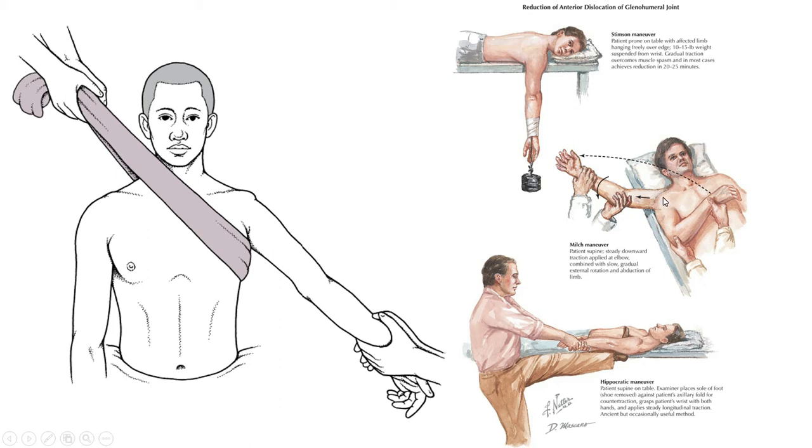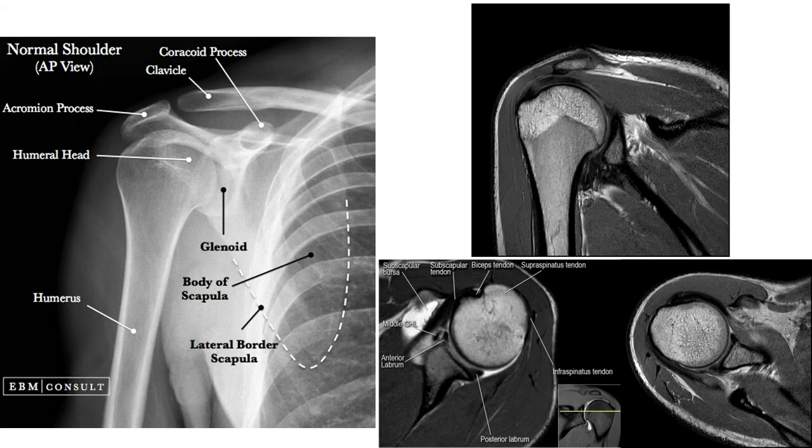It will reduce the shoulder joint without any pain, and after that you will do the adduction and internal rotation, and you will get a clicking sound in the middle, along with a sudden decrease in the patient's pain. Now after that you must do a radiological X-ray examination to know if there is any fracture, or whether there is proper reduction of the joint.